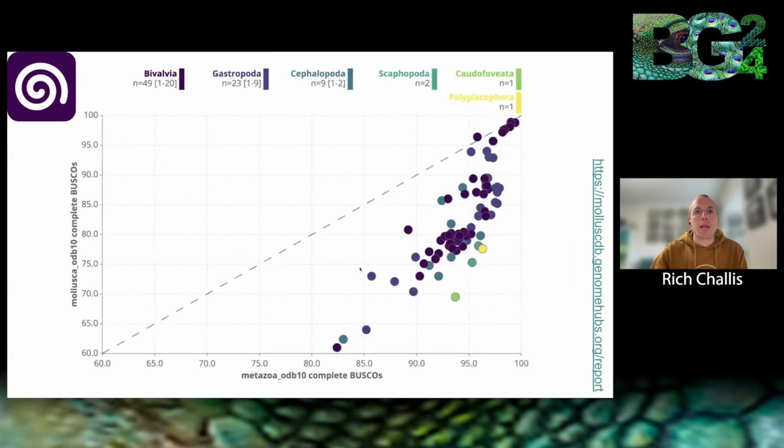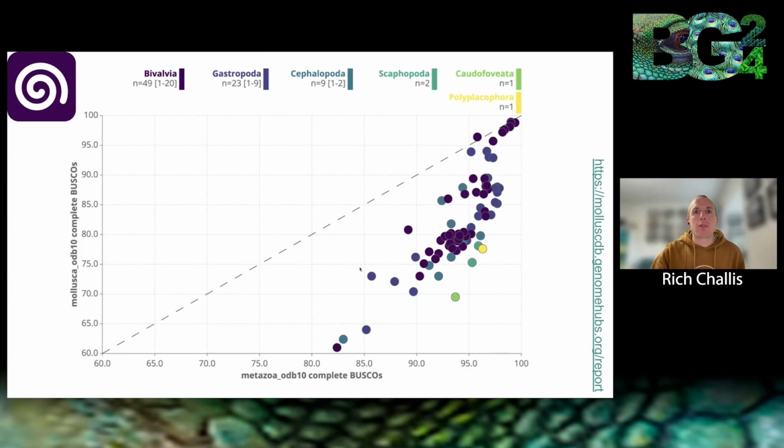But putting this on a scatter plot of mollusca versus metazoa BUSCO completeness, a few bivalves are on the line of expected mollusca BUSCO score right at the top right, but many have considerably lower completeness than expected based on the metazoa value.